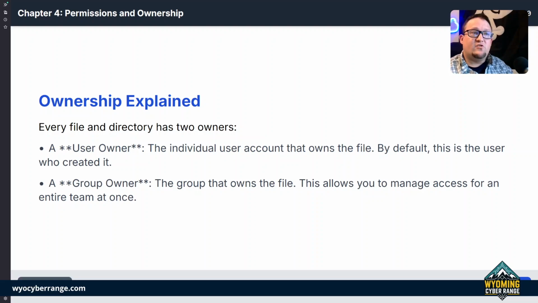So let's talk about ownership. Every file and directory has two owners. There's a user owner, the individual user account that owns the file. By default, this is the user who creates it. Okay? So if you touch a file and you do an ls -l, you will notice that you own that file. But if you sudo touch the file, you didn't run that as yourself.